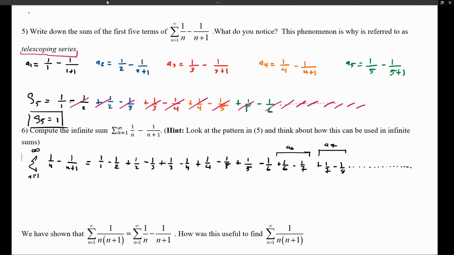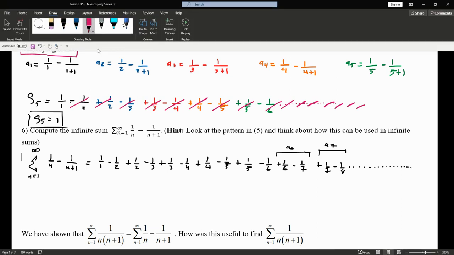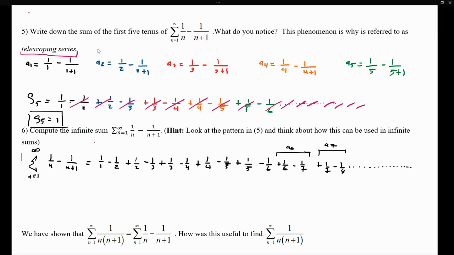Well, yeah, because like we have discussed previously, in a telescopic series, terms are going to cancel out, and you're going to have a finite number of terms, which in this case, they're going to cancel out in pairs. So these 2s cancel out, and now this is going to cancel out with the next one, and so forth.